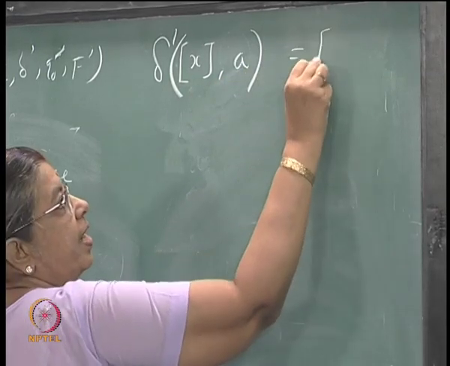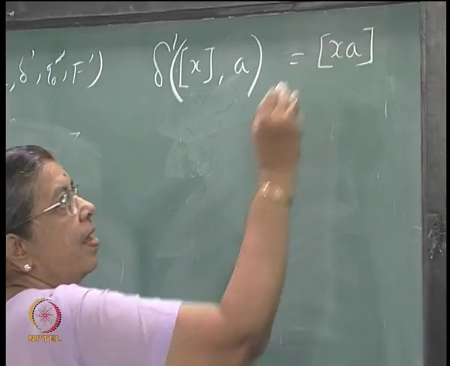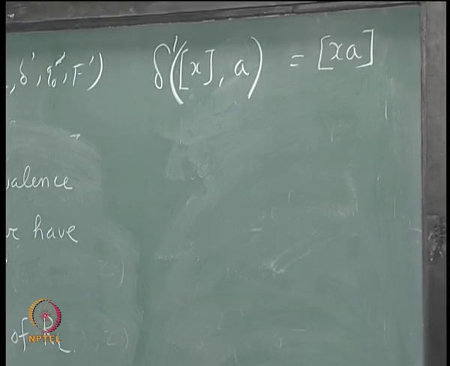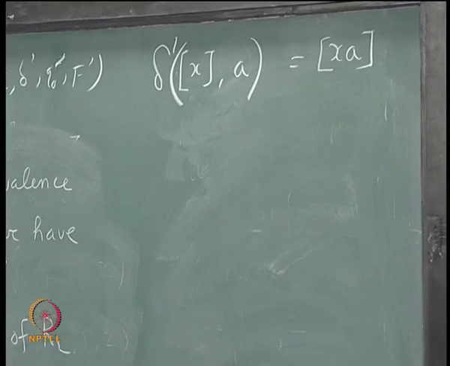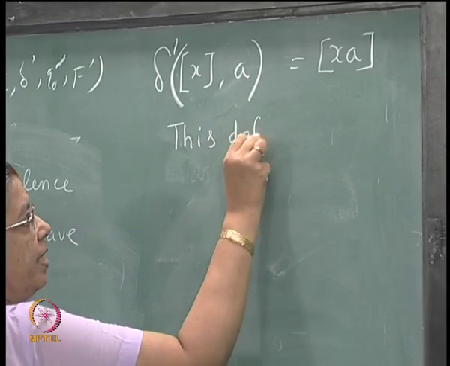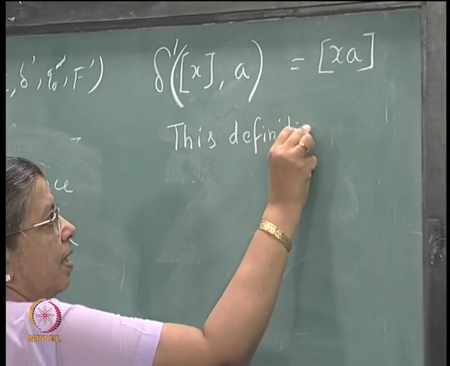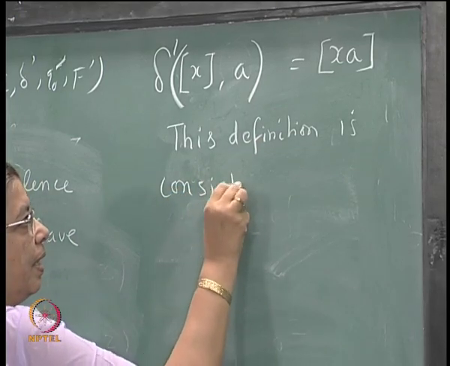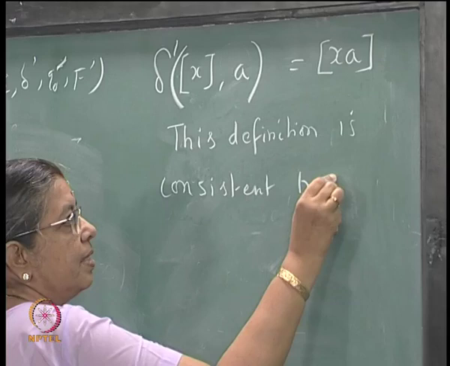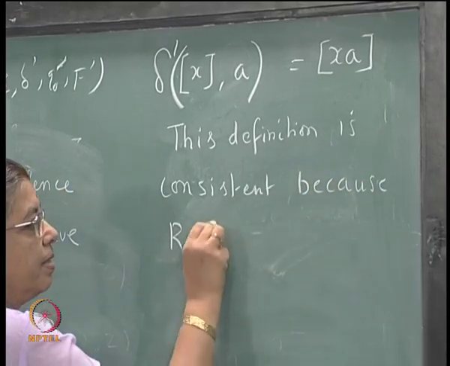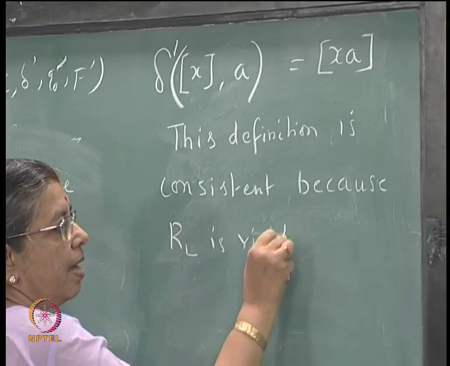It goes to the state XA, defined like this, and this is a consistent definition because RL is right invariant.